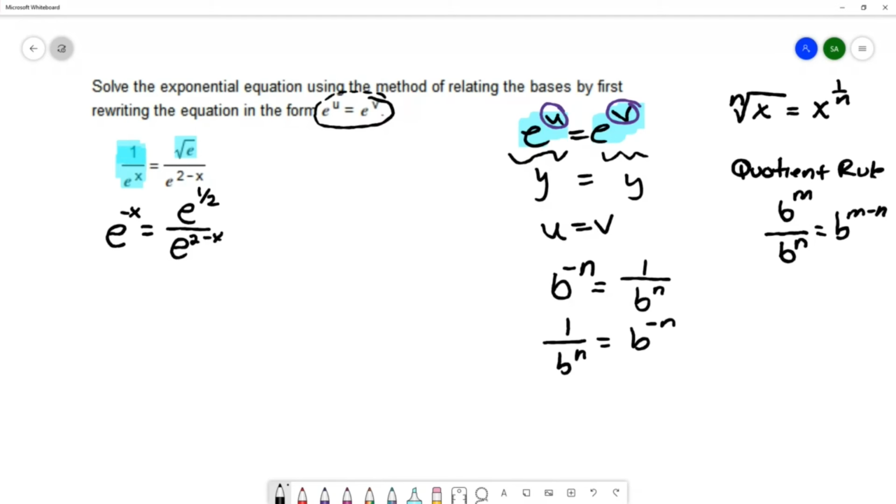So we are going to have b to the m minus n. That's exactly what we have over here. We're dividing exponents with the same base, so we're going to simplify by subtracting those exponents. That will give e to the 1/2 minus 2 minus x. I put parentheses around the exponent in the denominator because I want to subtract that whole exponent.